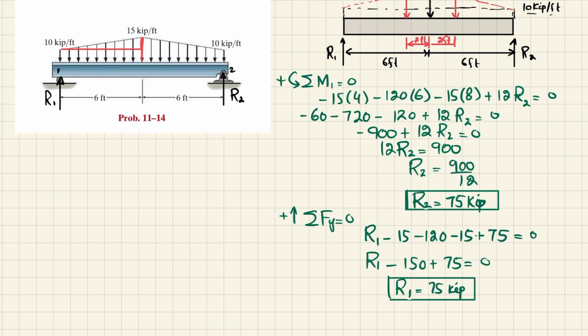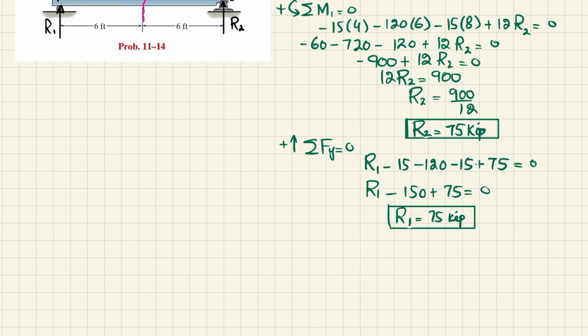So what we will do is cut the beam over here in order to find the shear force and bending moment for this. So for that I will draw the free body diagram of half of the beam.